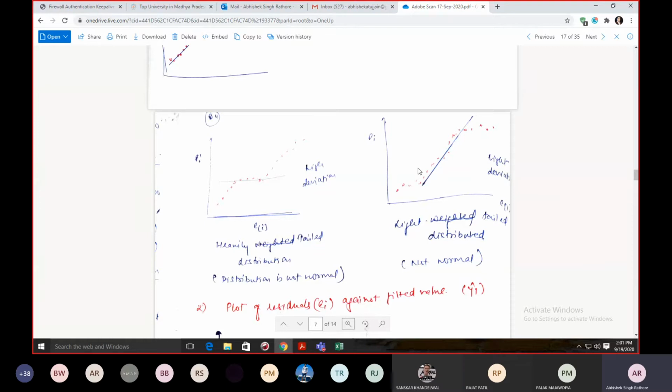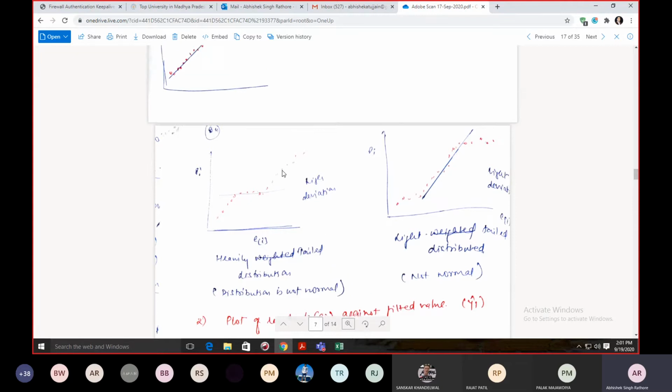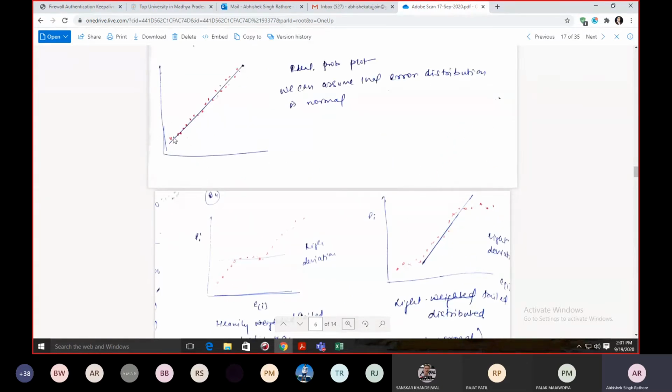But even though it is a light tail distribution, we can say that this is again not a normal distribution. When we consider the normal distribution, it means that your data just lies over here. So when you get such types of plots, it means that you are not getting a normal distribution and your assumption is not correct.